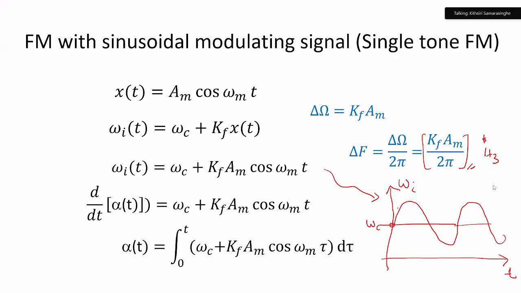Angular frequency will be increasing and decreasing. This will be delta omega, the peak angular frequency deviation. So angular frequency will be deviating with respect to time here. Right?